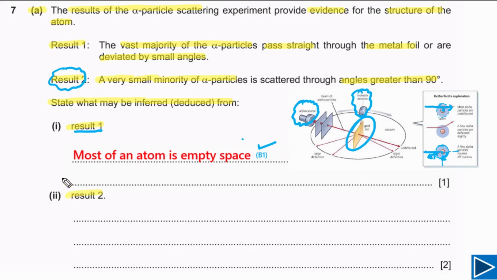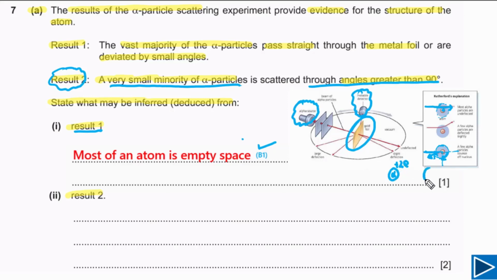Now, the question is asking us what we can conclude from the second result. According to the second result, a very small minority of alpha particles scattered through angles greater than 90 degrees. First, you need to understand why an alpha particle is deflected back. An alpha particle has a positive charge, equal to plus 2e.